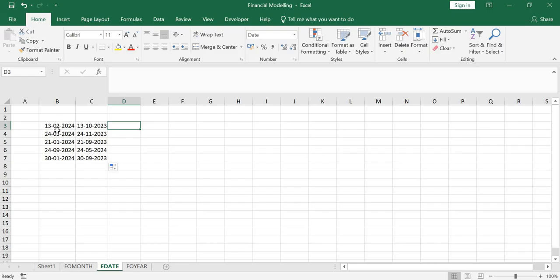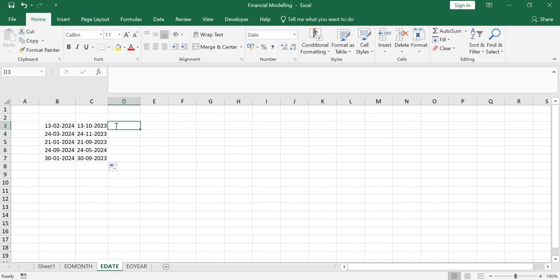That means my date is 13th of February 2024 and I want to calculate the October last date which is 4 months back from this date. So in this way, I am going to club two commands. One is for e-date and second command will be for end of the month.